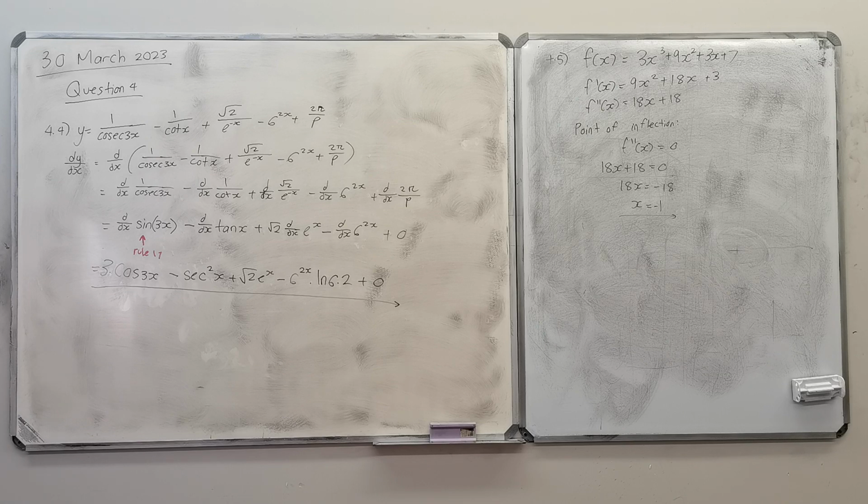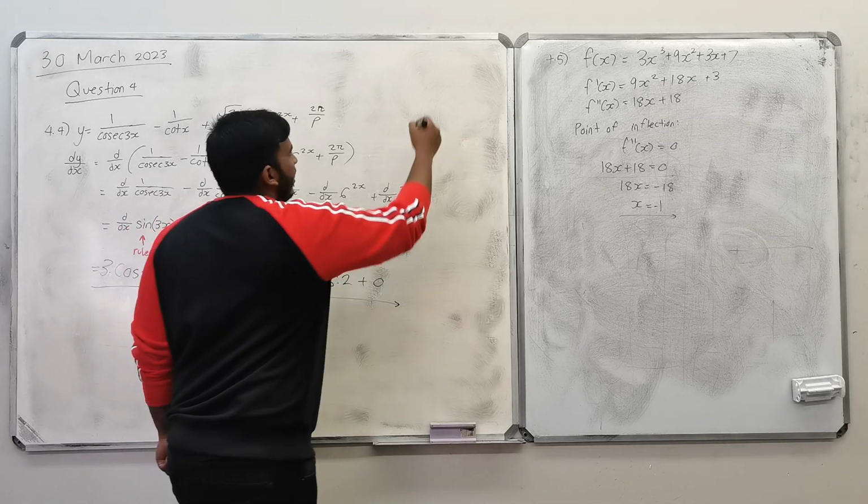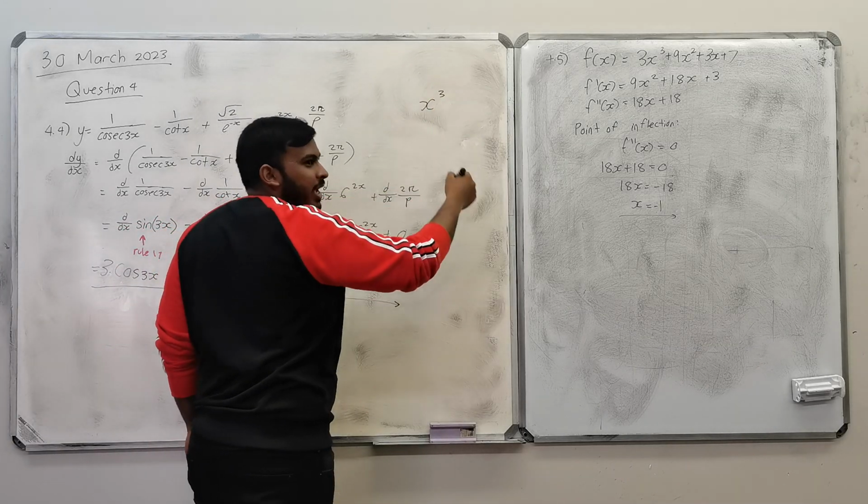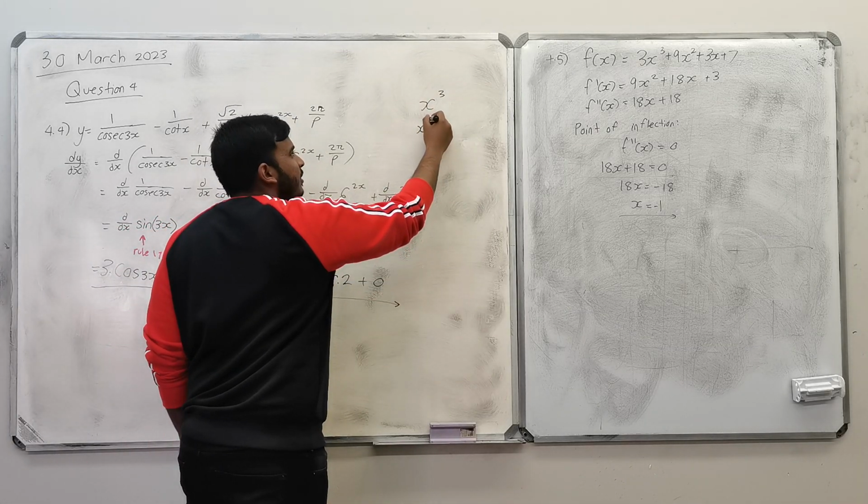Maybe another way to remember is, if you can't find it on the rules they give you, you know it's a chain rule. Remember how you look for these things. If you had x cubed, you know that this is x to the power n.